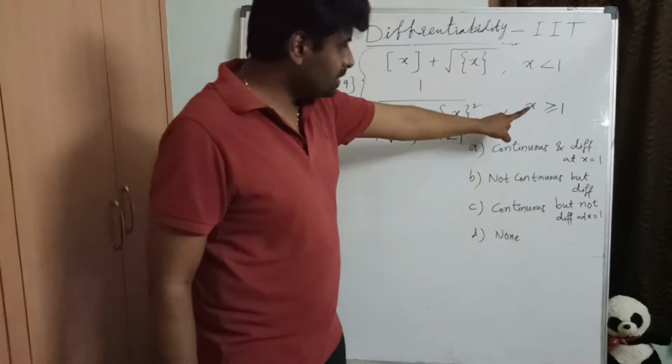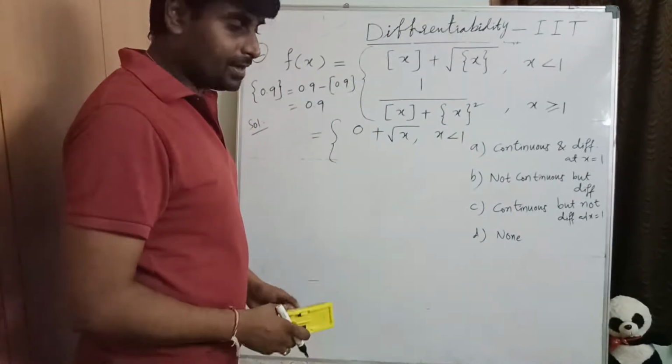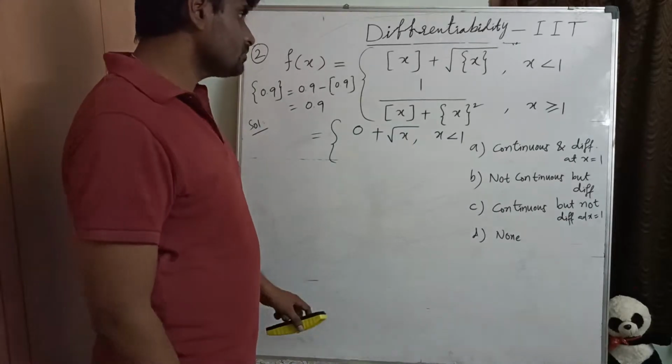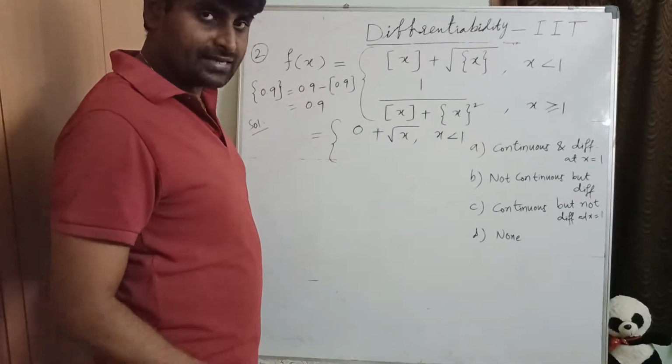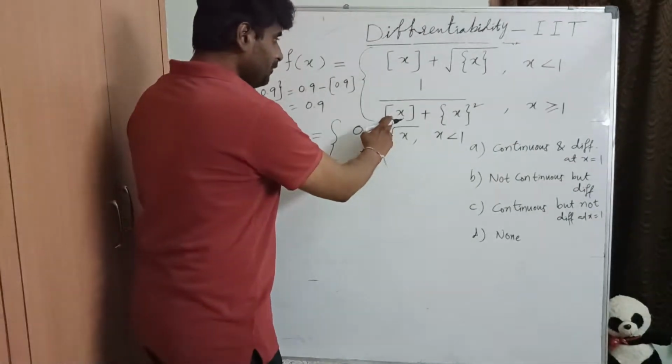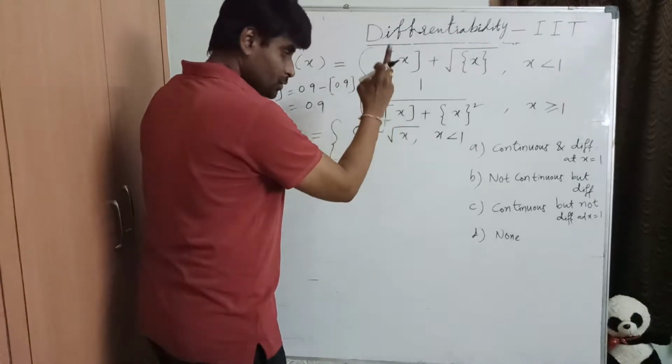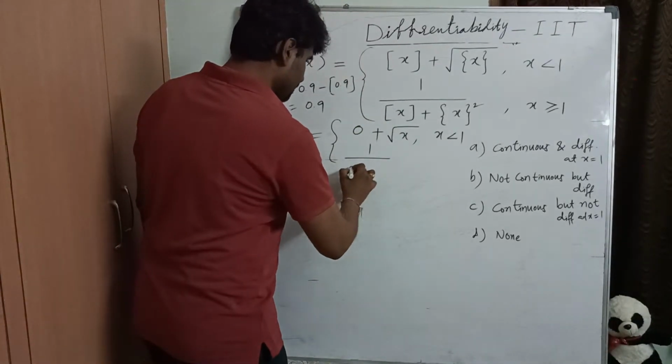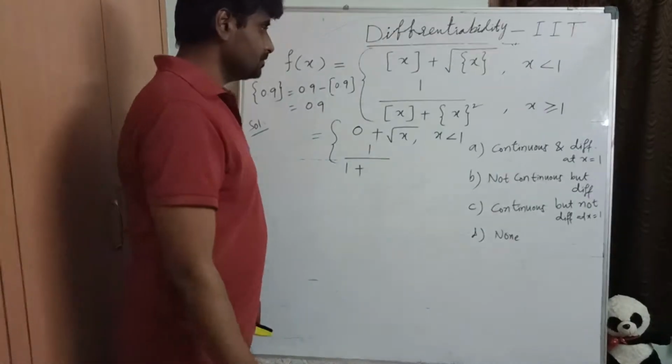Okay. Now this one, x greater than or equals to 1. Now if you substitute 1 point something, for example 1.2, step of 1.2 is 1, so 1 by 1 plus, okay.